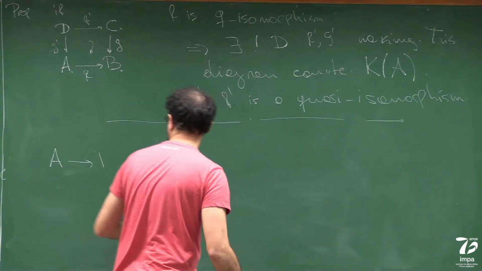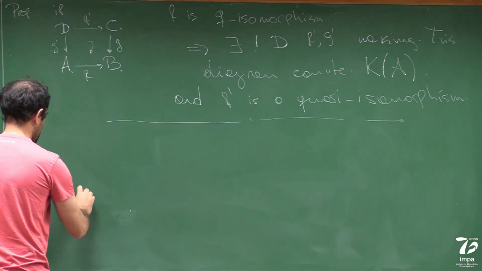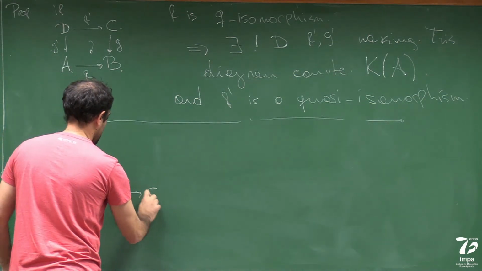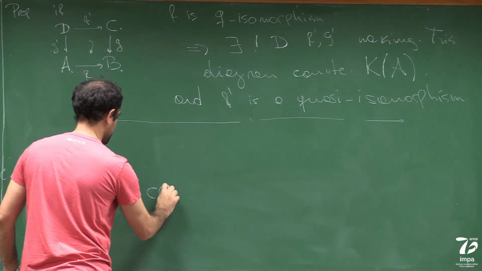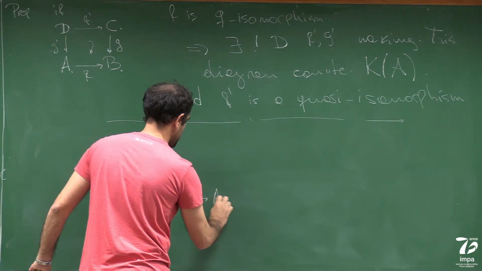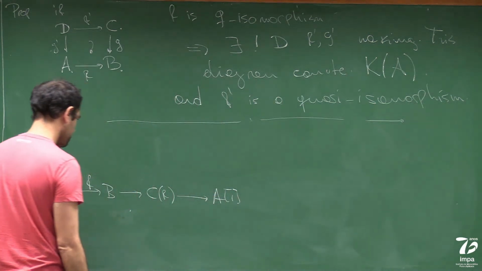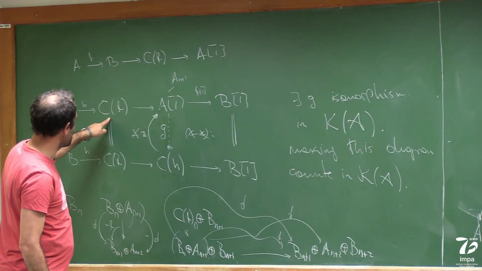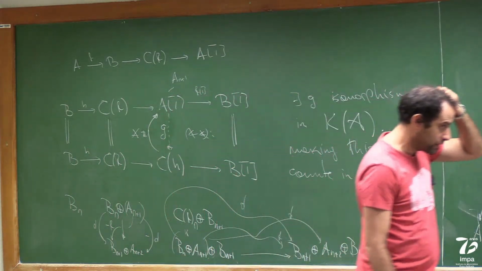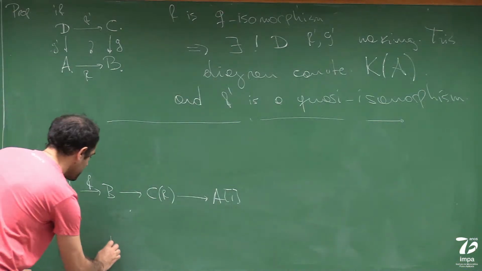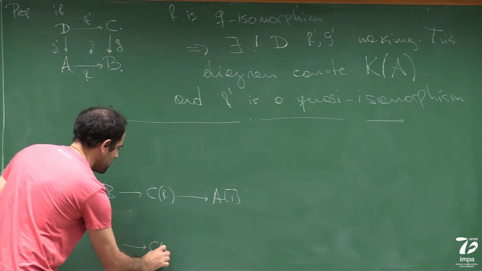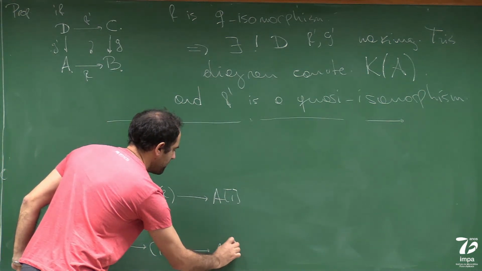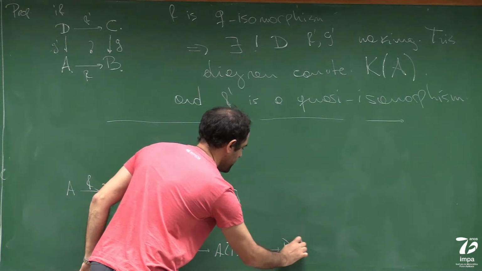We have A, B, the cone of F into A shifted by 1. Now that diagram said that I had from B to the cone to A shifted by 1 to B shifted by 1.